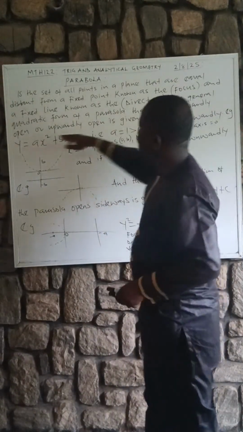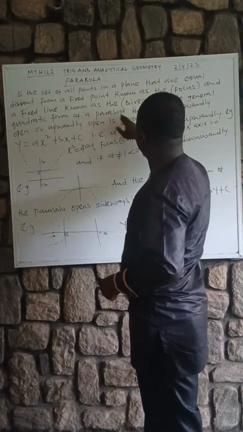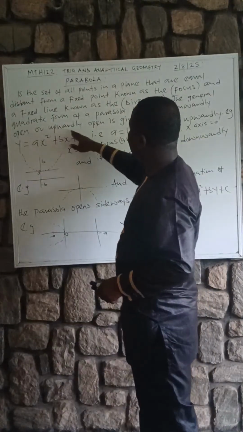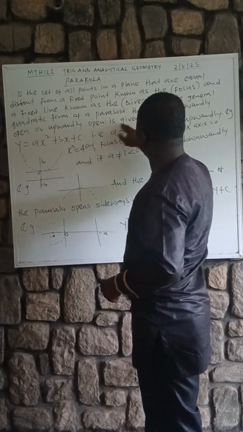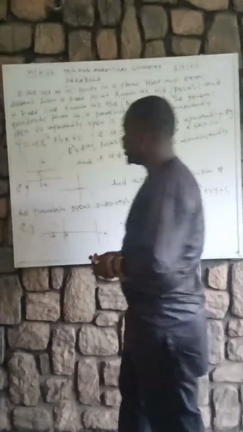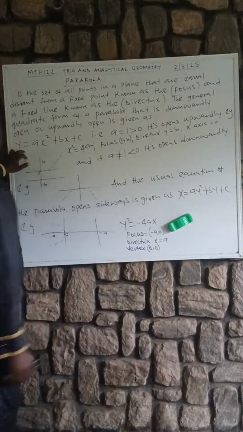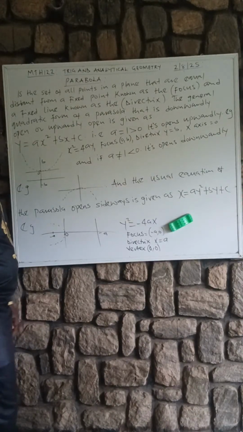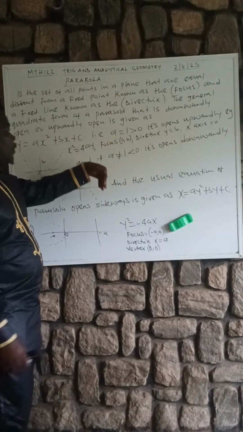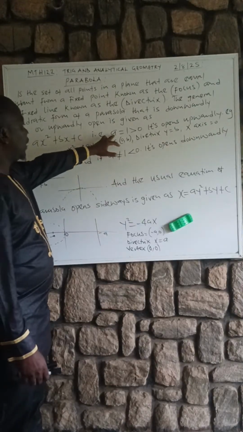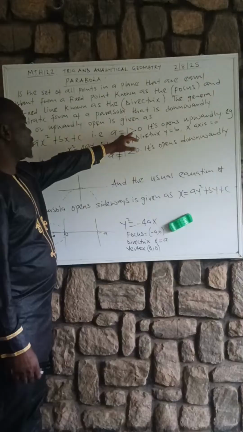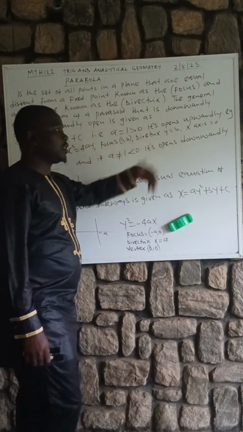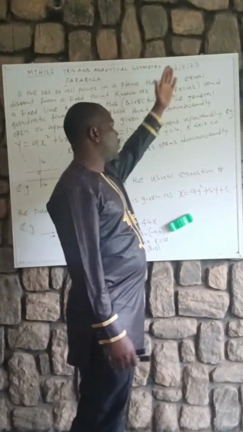The general quadratic form of a parabola that opens downward or upward is given by the equation y equals ax squared plus bx plus c. If a equals 1, that is greater than 0, it means it opens upwardly.